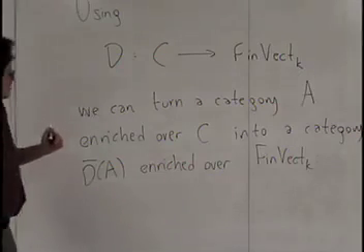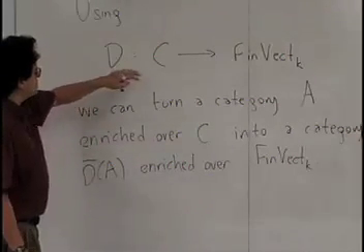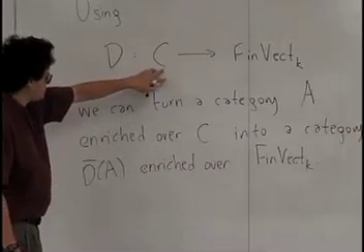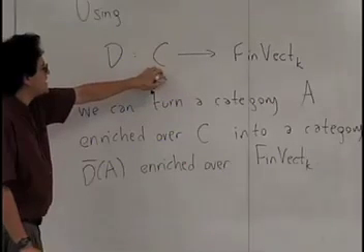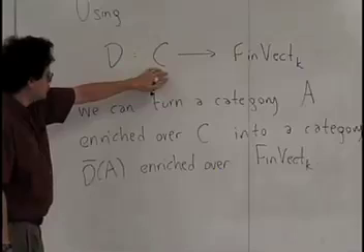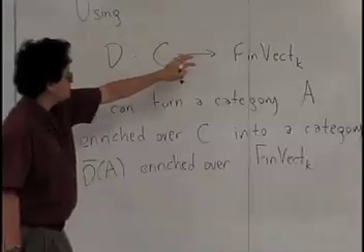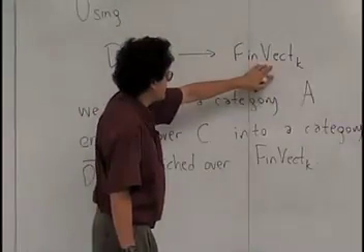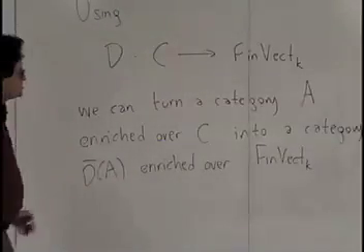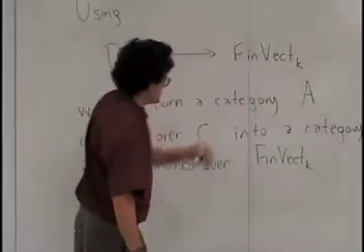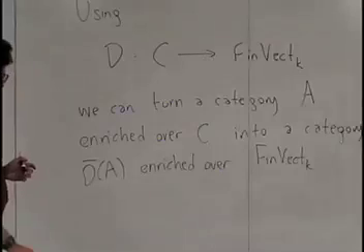And so here, we are considering a category enriched over C, so the sets would actually be groupoids, and we're turning it into a category enriched over finite-dimensional vector spaces, and that means that the Hom sets are actually vector spaces, finite-dimensional vector spaces.